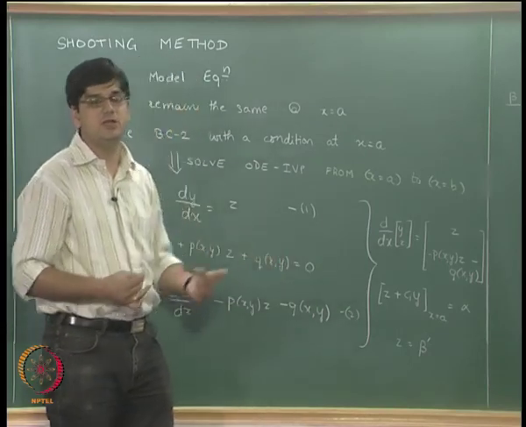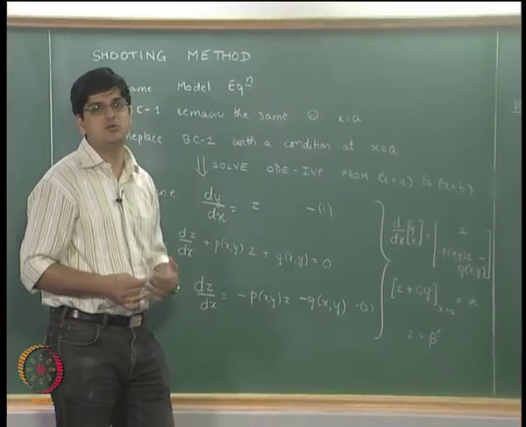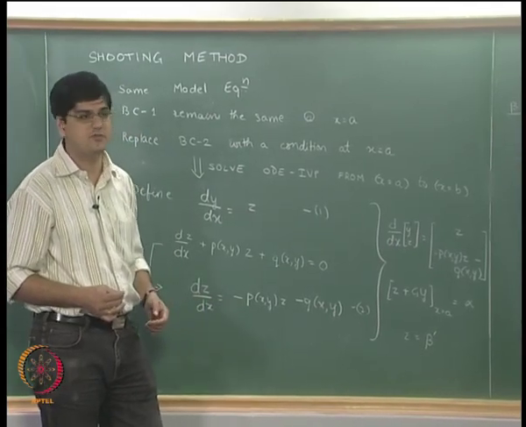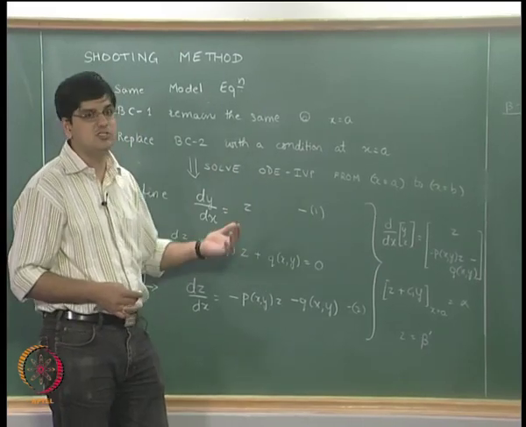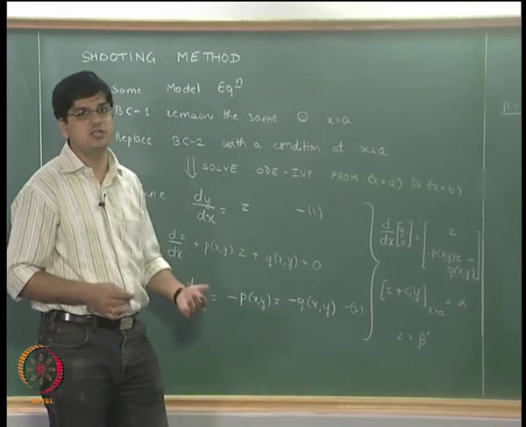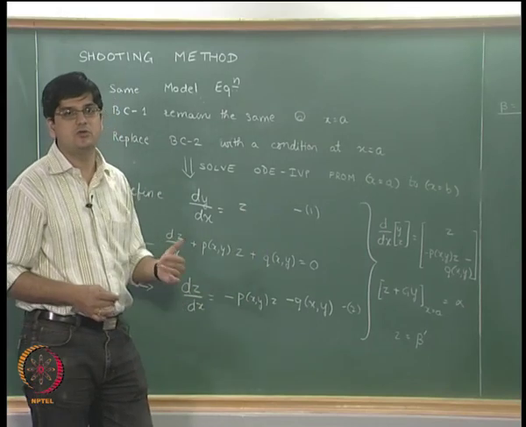If we do not meet the boundary condition BC2, we are going to use either a bisection rule or the Regula-Falsi rule or maybe the Newton-Raphson method in order to find various values of the condition at x equal to a, such that the boundary condition BC2 is satisfied. So, that is going to be our overall procedure.